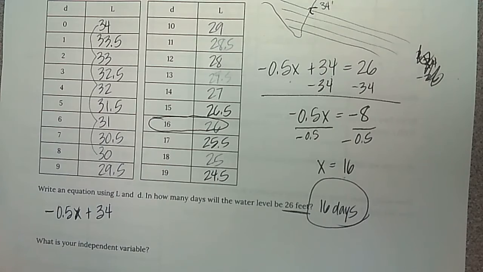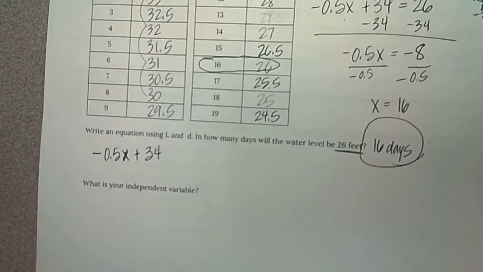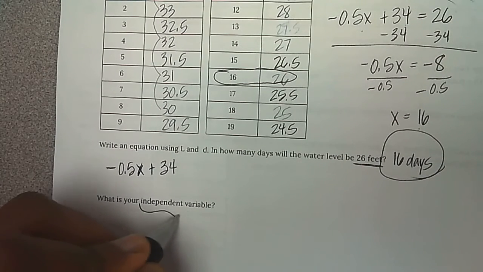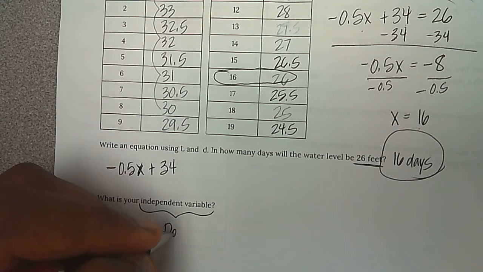Okay, that makes sense. All right, so going over here to my independent variables, the question becomes, which one's independent? First, let's start there. Your independent variable is your domain.